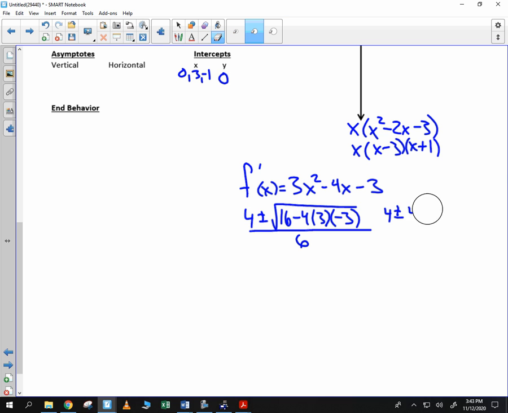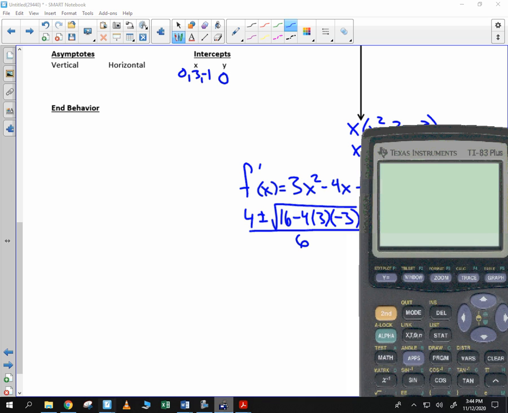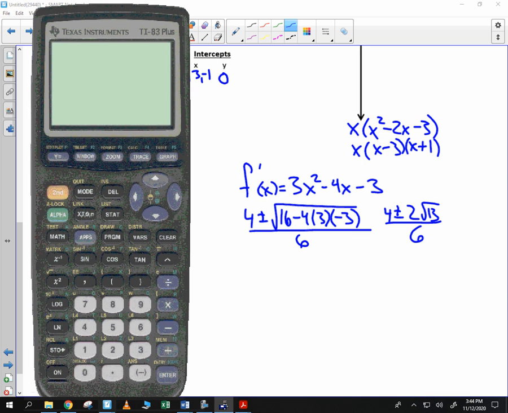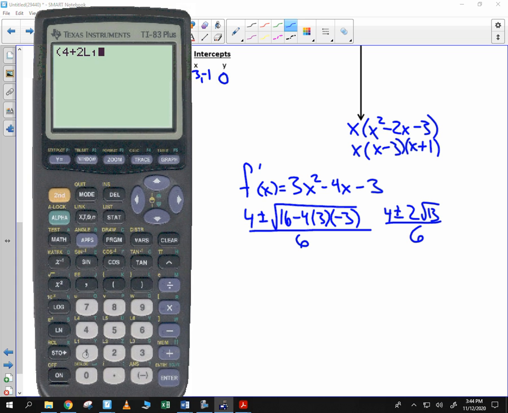Sorry, 2 roots of 13 over 6. And I'm going to make those into some decimals so that I can see what's going on. Parentheses, 4 plus 2 roots of 13, divided by 6.